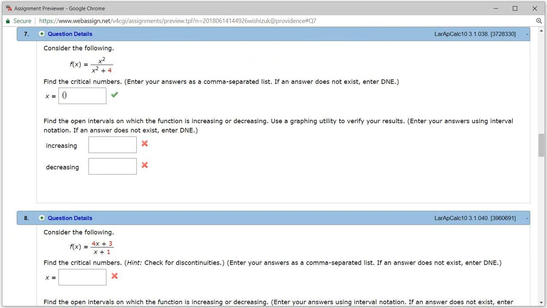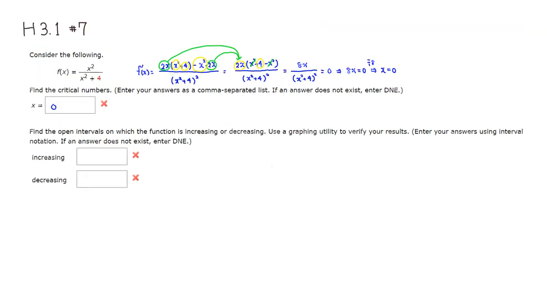Then we want to find the open intervals on which the function is increasing and decreasing. So I'm going to do a number line. Here's the number line. There's only one critical number, 0.